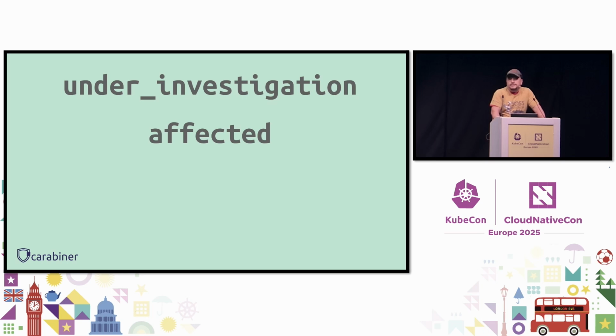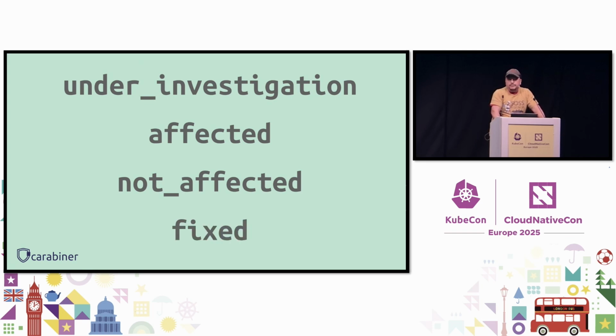There's affected, once you assess that the vulnerability affects you. Not affected, which is the most widely used VEX status. And fixed, which is once you understand how the data flows. It's a niche flag. It's difficult to use correctly, but it was just added for completeness of the flags.